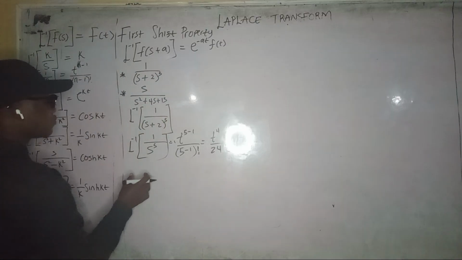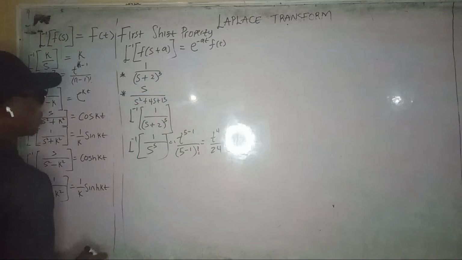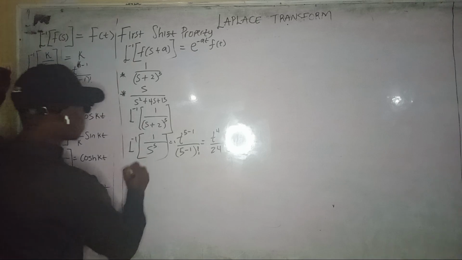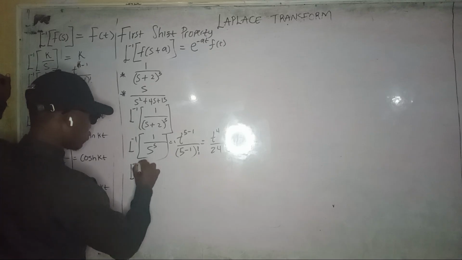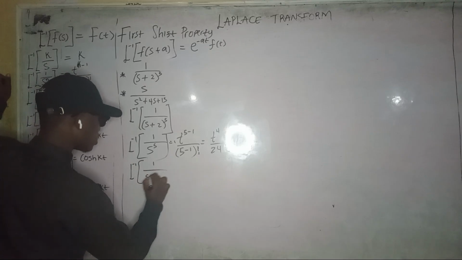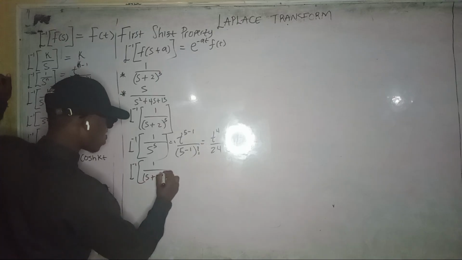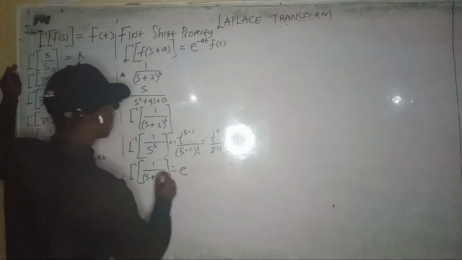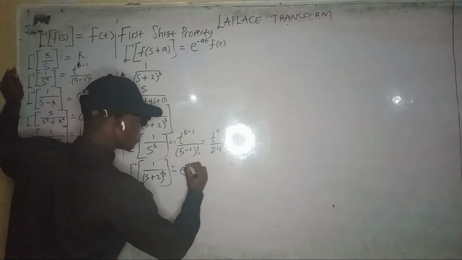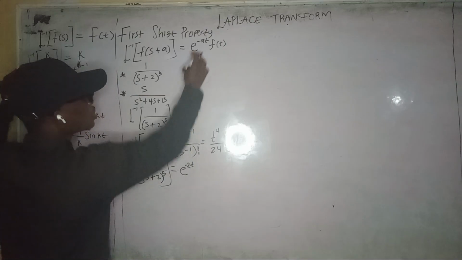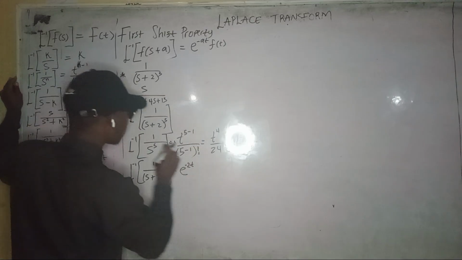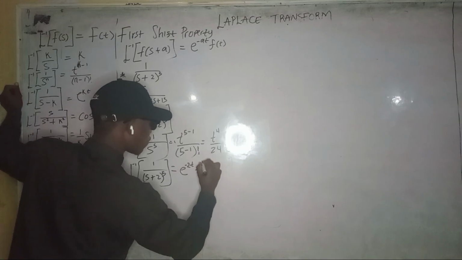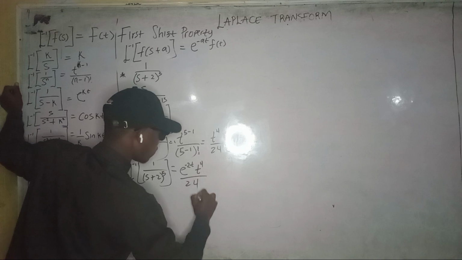So therefore, if we put this function in this form, we are going to have the inverse Laplace transform of 1 over s plus 2 raised to power 5 equal to e raised to power minus 2t times f of t, which is t raised to power 4 all over 24.